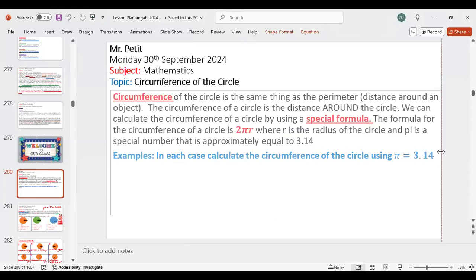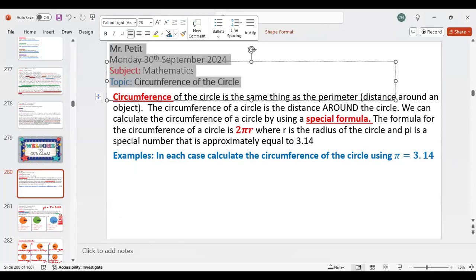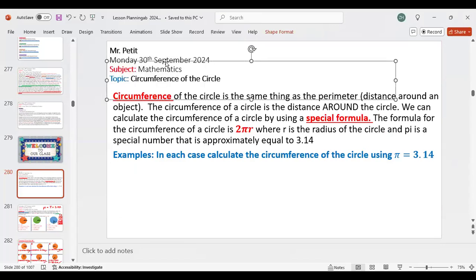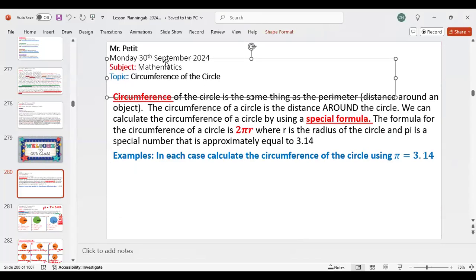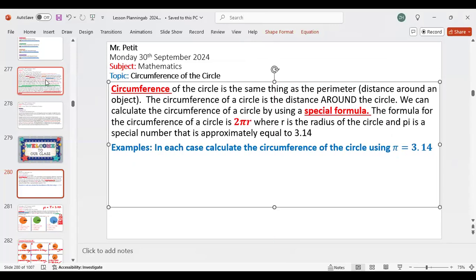Like I say, whenever you are tested, use what they give you. They might say use pi as 3, or use pi as 22/7, or use pi as 3.14, but you have to use whatever they give you in your question.